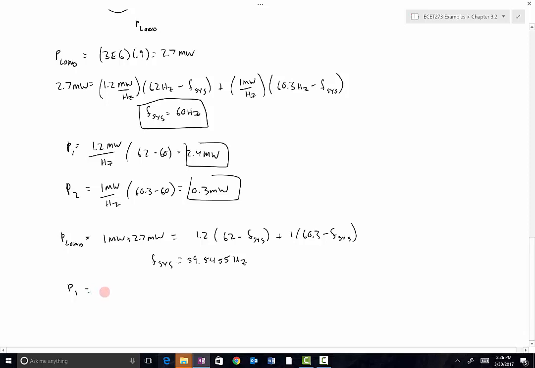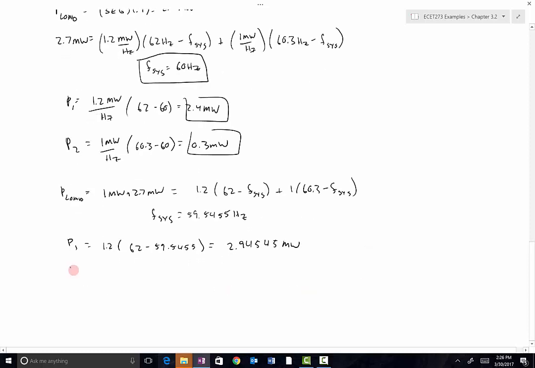The system power is going to be 1.2 times 62 minus 59.5455. That gives me a Gen 1 power of 2.94545 megawatts. And P2 is going to be equal to 1 times 60.3 minus 59.5455 equals 0.754545 megawatts.